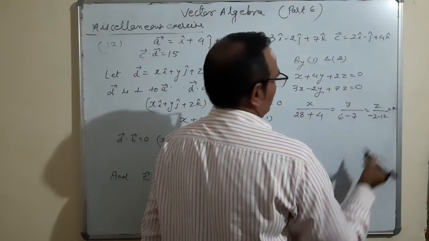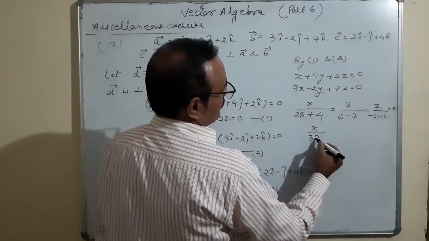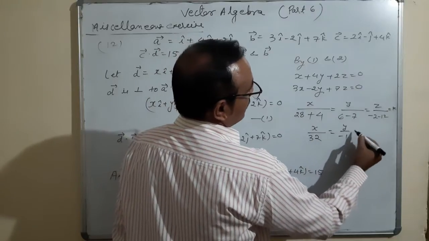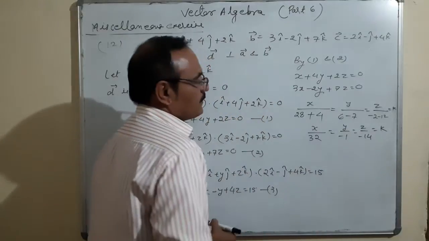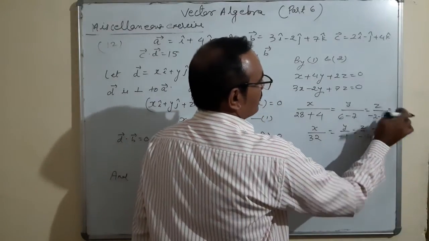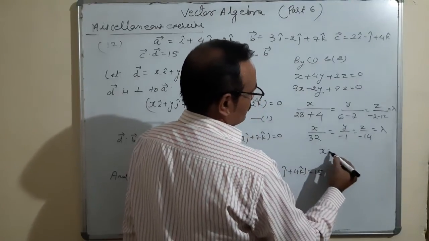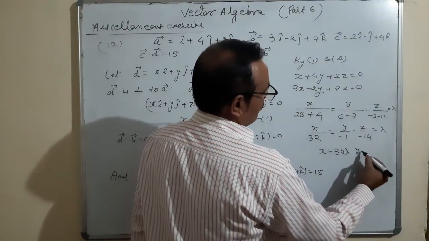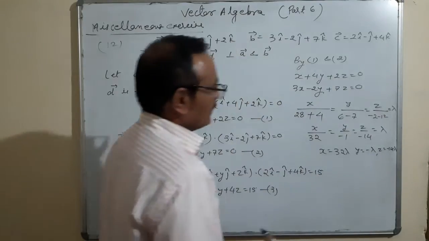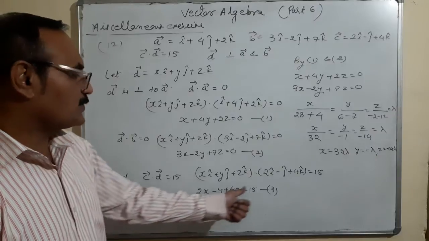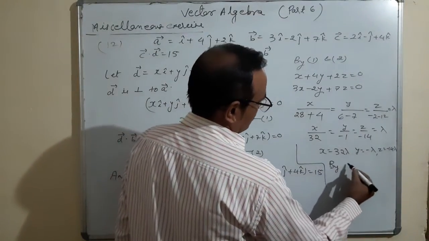is equal to, suppose, k. So x upon 32 is equal to y upon minus 1, and z upon minus 14 is equal to k. Okay, or I'll take lambda because k is used here, so there's a confusion. So x is equal to 32 lambda, y is equal to minus lambda, and z is equal to minus 14 lambda. These values of x, y, z will be substituted in equation 3.